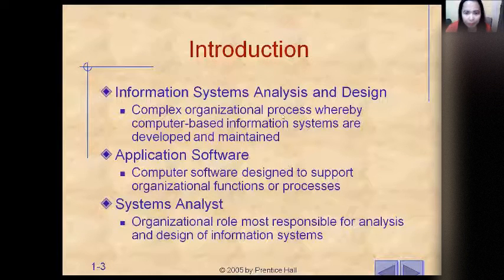So again, there are different types of IS: the TPS, the DSS, the ESS, which will be discussed later on. And then we also have the application software. Aside from that, we have the system analyst.